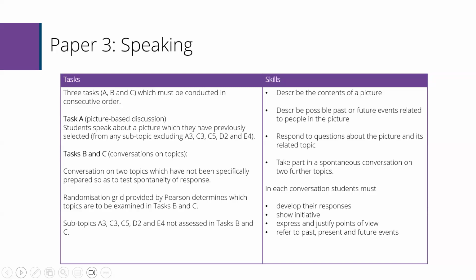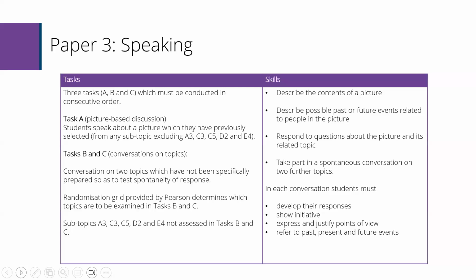Now we're going to have a little bit of a think about paper 3, and we're going to have a think about speaking. So for speaking, there are 3 tasks, task A, B, and C, and these need to be conducted in consecutive order.